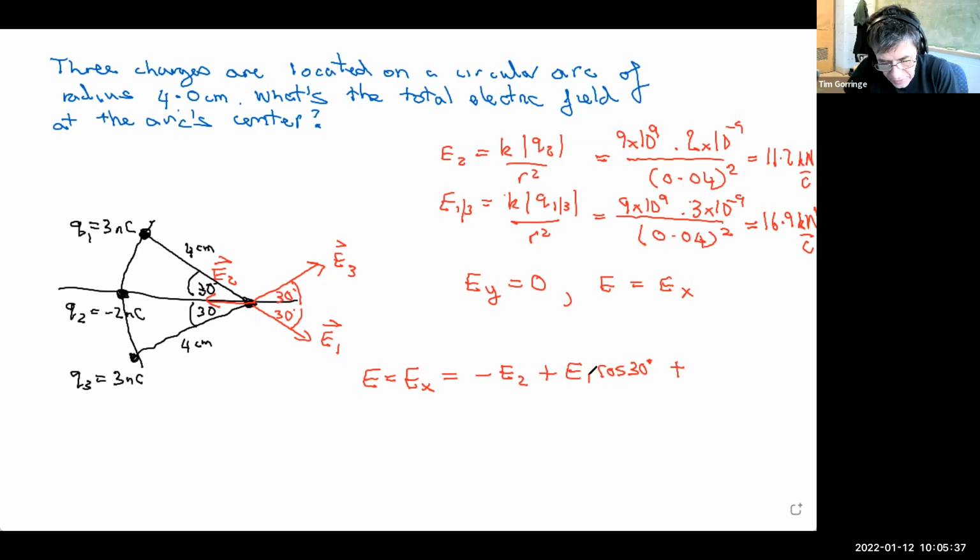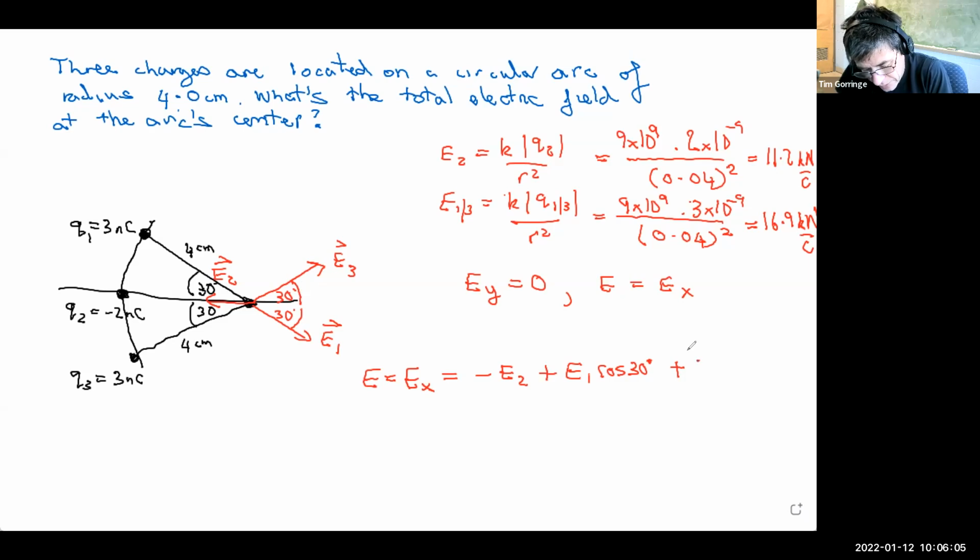And then finally, E3, the x component of E3, well, look, it's got a positive x component, so I've got a plus sign. And the positive x component of E3 is going to be its magnitude, E3, times, again, cosine of 30 degrees. That will pick out the horizontal component.